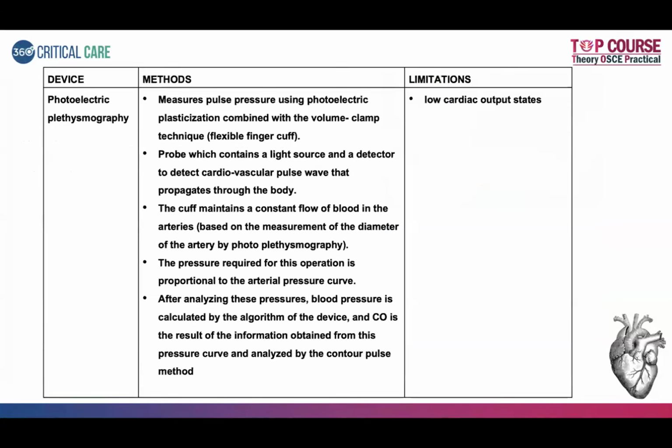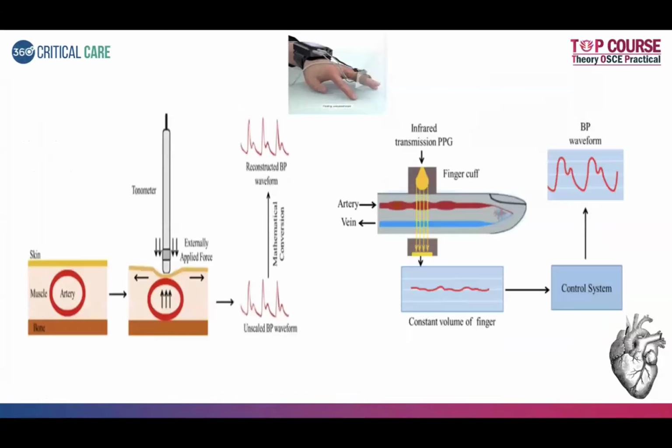Next device, a non-invasive method, is photoelectric plethysmography. In this method, there are 2 things. One is a volume clamp technique, and the second is photoelectric plethysmography. One is the plethysmographic sensor, which is going to detect the volume of the blood passing through the finger.